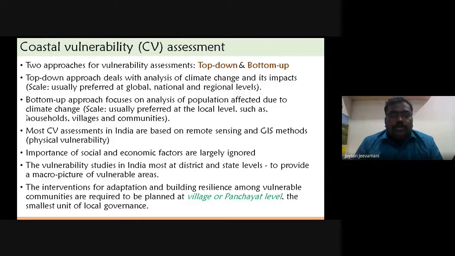Also, vulnerability studies in India are macro pictures, like the district level and state level. Whereas at the administrative level, the village is the basic unit. So our adaptation strategy should start from the village or panchayat level. That's why we have developed a framework for coastal vulnerability assessment to address all these gaps.